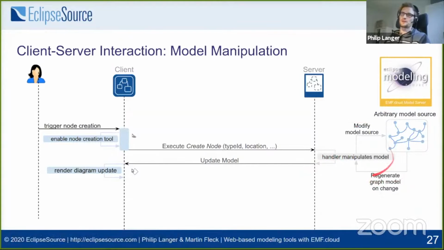So this scheme is also exactly as already mentioned, sort of like a unidirectional action or event cycle. Whenever there is an action coming in, we don't change the diagram directly, but we modify the model source and then regenerate the diagram, which has a lot of advantages when it comes to making it more simple to manage the different states of diagram, model, coordinates information, and all the stuff that you have.